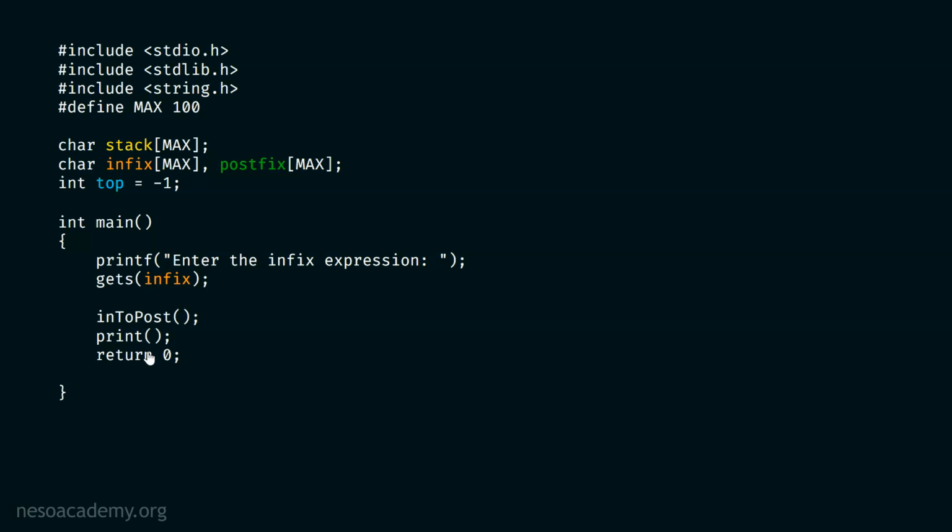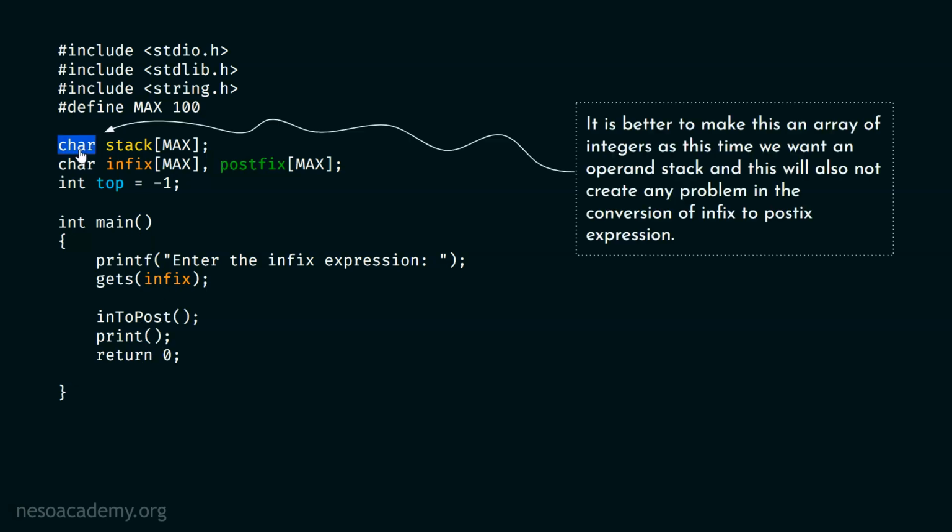But there is one more thing that we have to look into. Actually, we want to change the type of this stack array. It is better to make this an array of integers, as this time we want an operand stack and not the operator stack. Way back we needed a stack which would hold all the operators. That's why it was called the operator stack, right? But now this time we need an operand stack. This means we want to store all the integers into it, right?